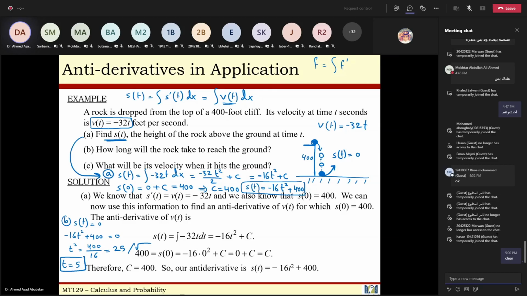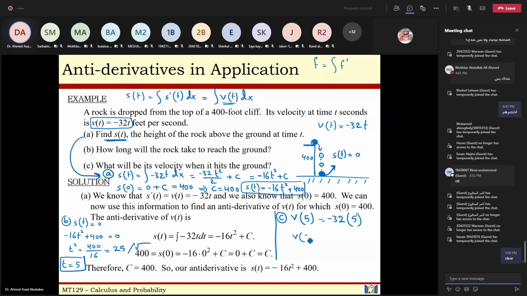So after 5 seconds, the rock reaches the ground. Number C, we need the velocity when the rock reaches the ground. So we need v of 5. We need the velocity after 5 seconds because after 5 seconds the rock hits the ground. So this is equal to minus 32 multiplied by 5.